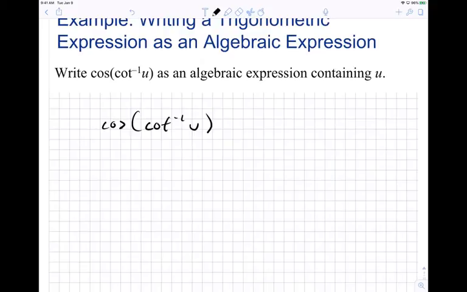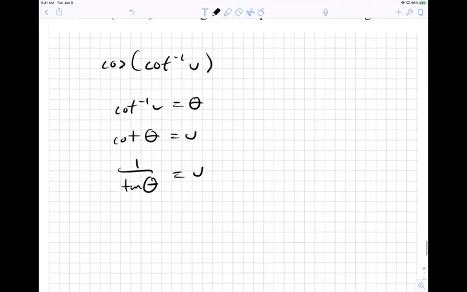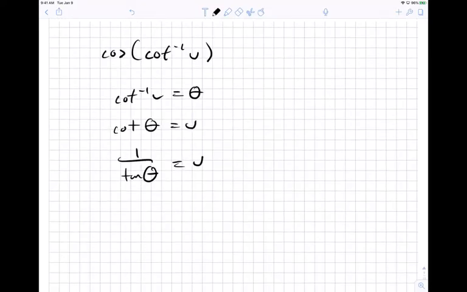If we have inverse cotan of u, this equals some angle. Again, this means cotan of some angle equals u, right? Cotan is a reciprocal of tan, so we would say 1 over the tan of theta equals u. We probably could have stopped there, but let's keep going anyway.